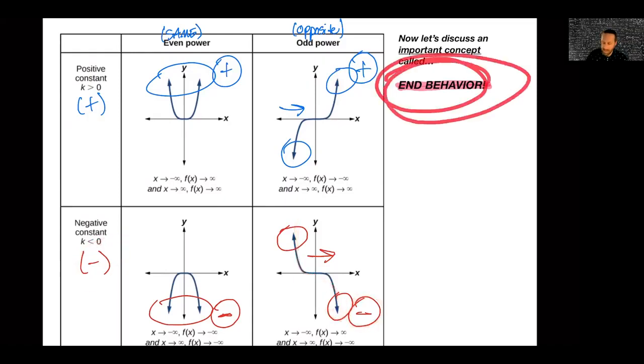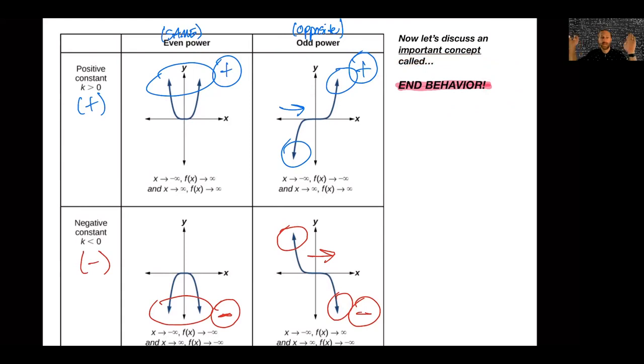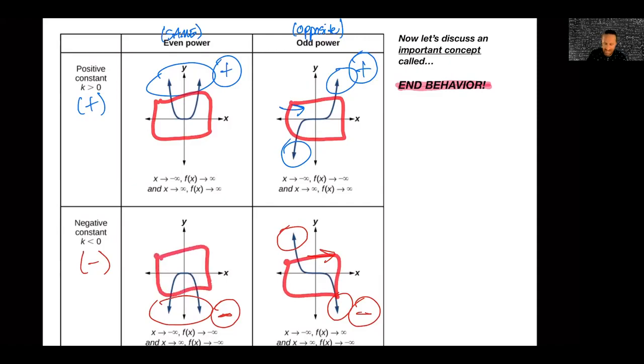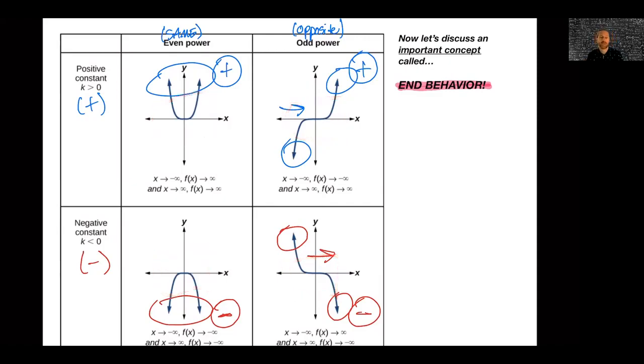So this end behavior is going to really help us to know how the ends behave, for lack of a better term, because we're going to be focusing in on a lot of this little window of some of the key things like x and y intercepts. Okay, the domain and range will come into play with this stuff. And how are we going to say all of this stuff without having to show you?